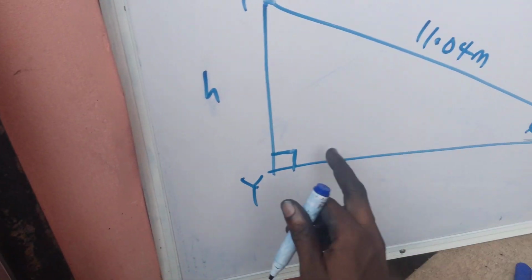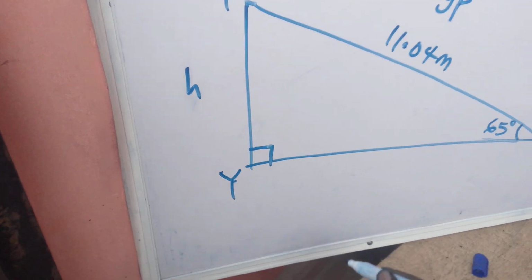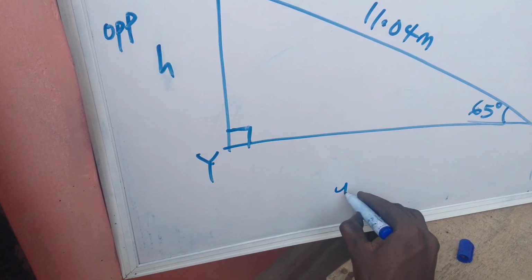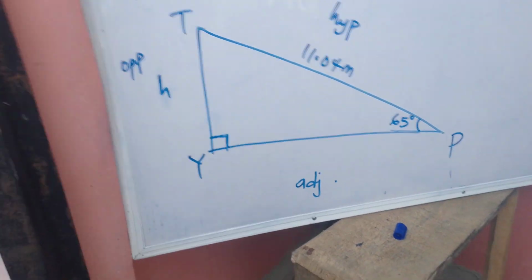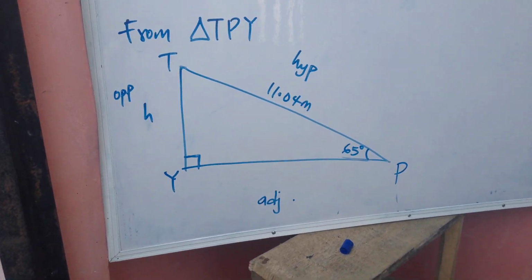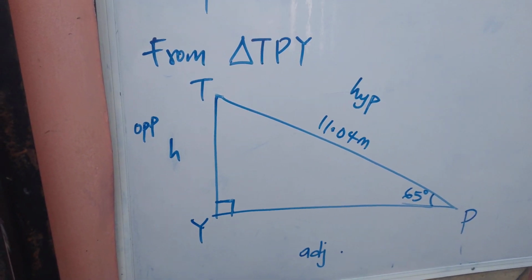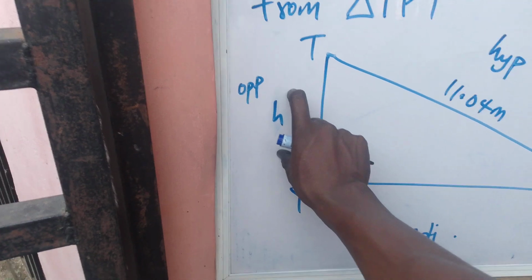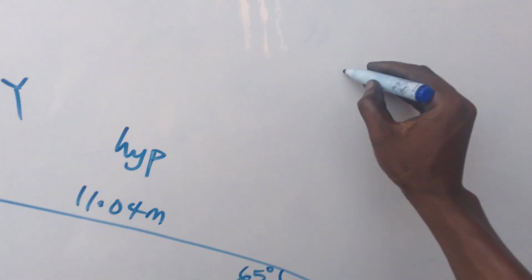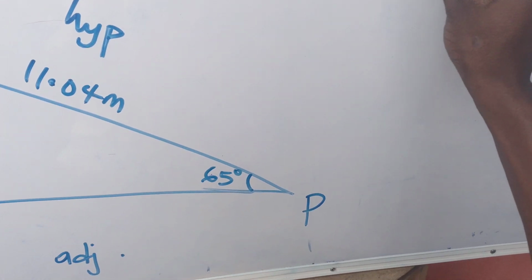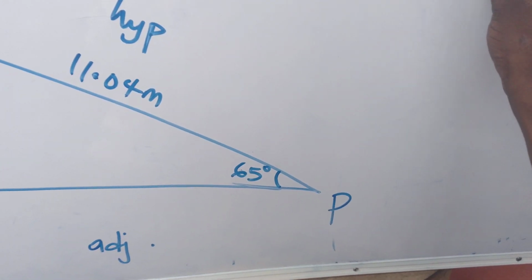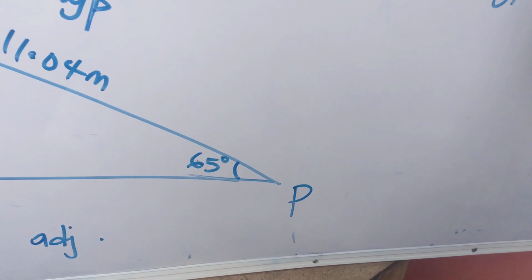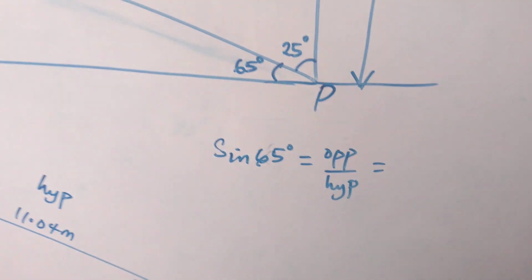So the side facing 90 degrees is my hypotenuse, and the side facing the angle of inclination is the opposite, and the remaining side becomes the adjacent side. So this is opposite and this is hypotenuse, so I can make use of sine, since I am looking for this opposite side, which is H. Sine 65 degrees equals opposite over hypotenuse.